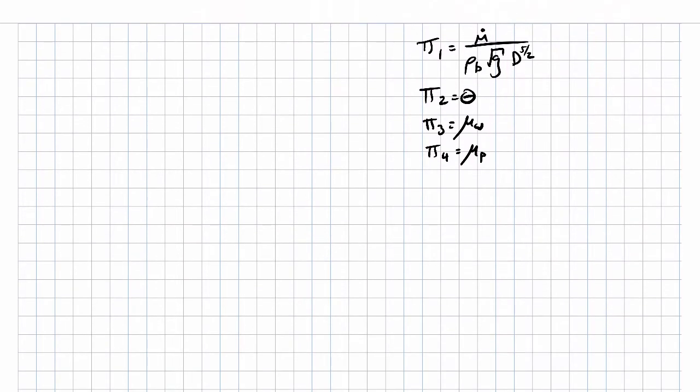So let's go ahead and, well, first of all, we should double check that everything is dimensionless. So we know that pi 2, pi 3, and pi 4 are already dimensionless, so they're okay. Pi 1, we'll just plug in mass over time times length cubed over mass times t over length to the 1/2 times 1 over length to the 5 halves.